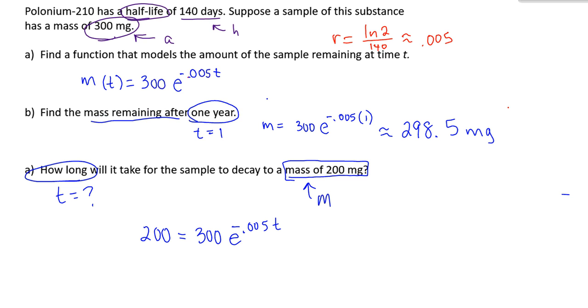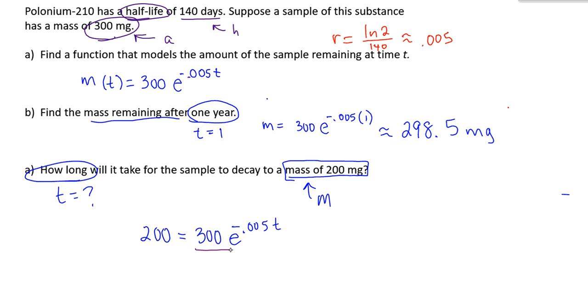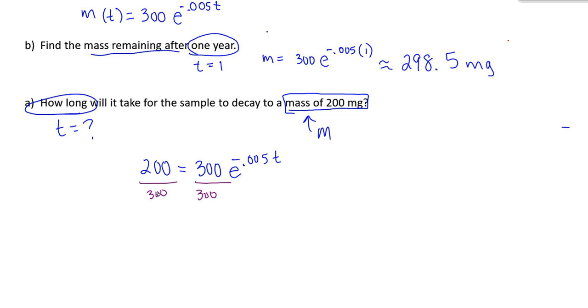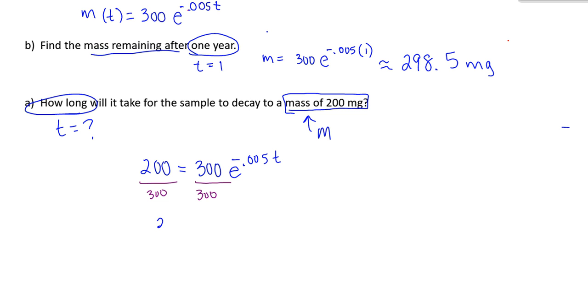Okay, solving just like normal, just like we did on the exponential ones the other day. Got to get rid of that 300. So that's 2/3 equals e to the negative 0.005 t.